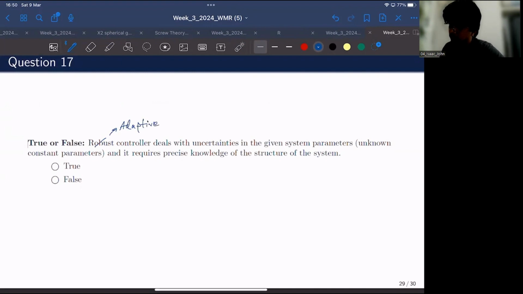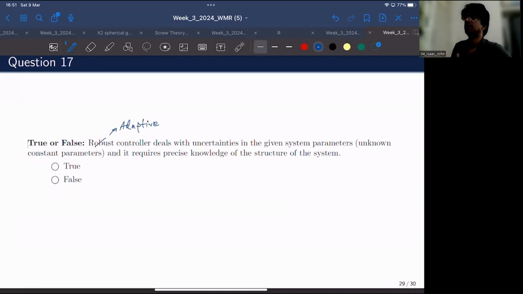Because in adaptive controller, it treats the constant parameters as unknowns, because the system could be highly dynamic and we may not be able to estimate the constant parameters accurately at every instant. Whereas in robust control, it's the other case.